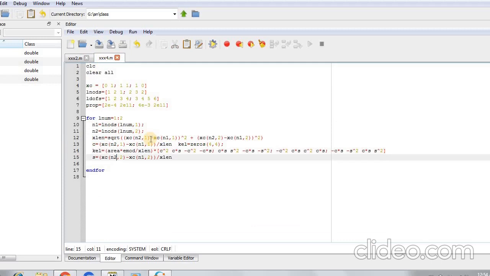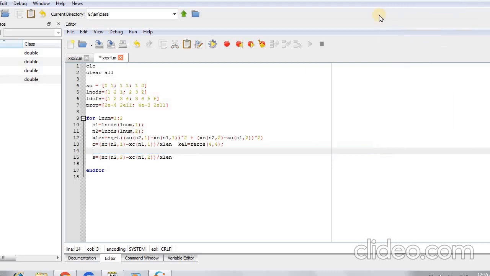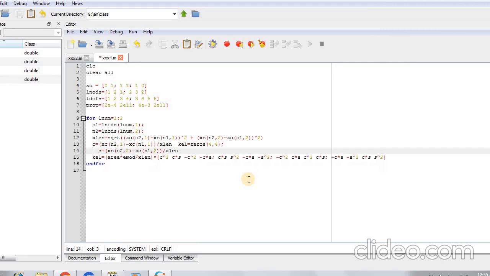It has come. There was some system problem, I was not getting the cursor. So sorry. This got copied and pasted in the wrong place. Let us cut it here, paste it here, delete.